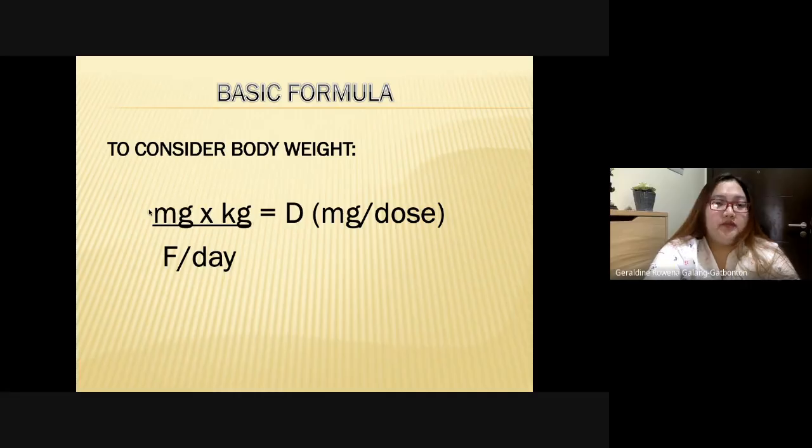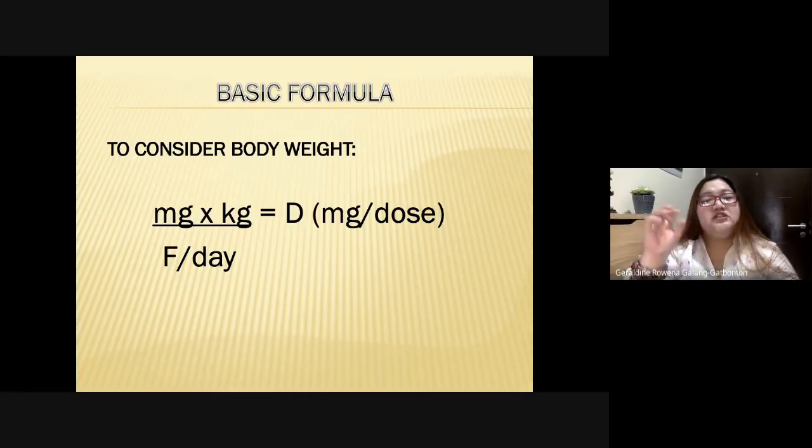Okay? So, ano yung dosage? Sa isang buong araw. I-multiply mo kung gaano kabigat yung patient, usually, it's in kilograms. At ano yung makukuha mong result? Yung D. Ano nga ulit yung D? Desired dose. So, go back to the D over H times Q. So, ibig sabihin, yung desired dose, gaano kadami sa isang dose, which means gaano karami per administration. Ito kasi, gaano kadami per day.